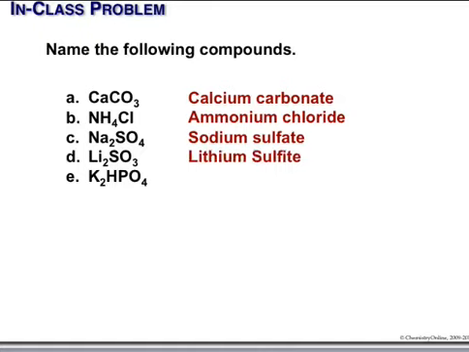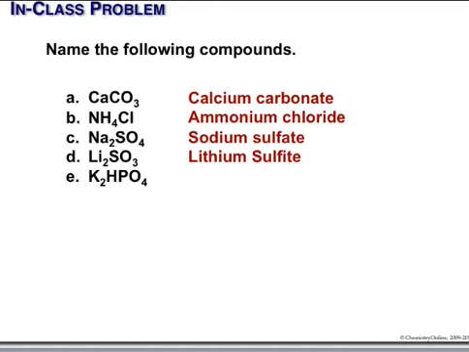Now, PO4, that's the parent for phosphorus. That's phosphate. PO4 is phosphate. It's a -3 charge. Here we've stuck a hydrogen onto it. So when we name this, what do we call it? Simply hydrogen phosphate.